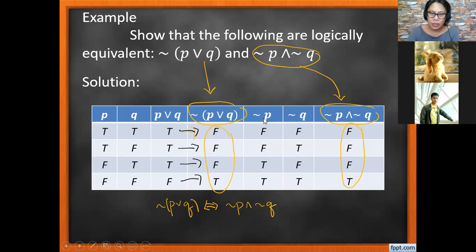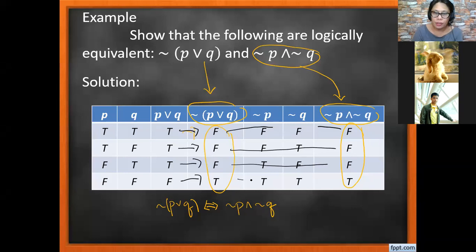So, negation of P and negation of Q, both are false, so this must be false. The condition for the connective and to be true is that both must be true. And this is the only true. And comparing the two, they're equal. So the two statements here are logically equivalent.